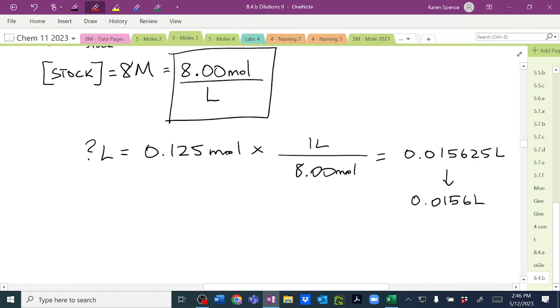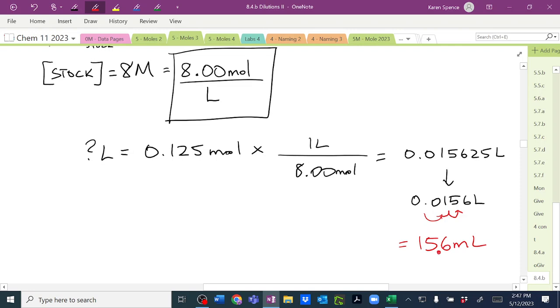Do I move it to the left or to the right? I move it to the right 3 places. 1, 2, 3. And that gives me 15.6 milliliters.